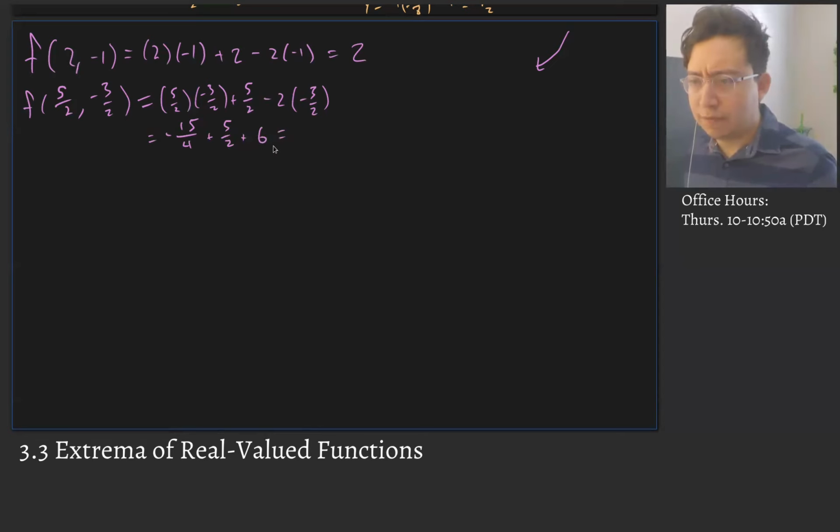This takes a few more steps, but 5/2 is 10/4, so it's negative 5/4 plus 6. And 6 is 24/4, so this is 19/4, which you can write as 4 3/4.